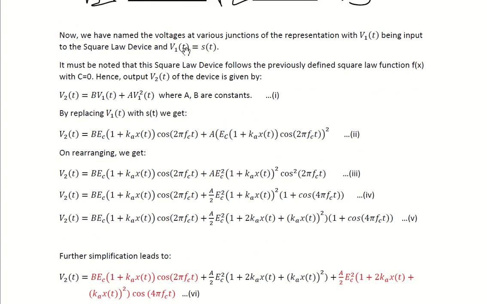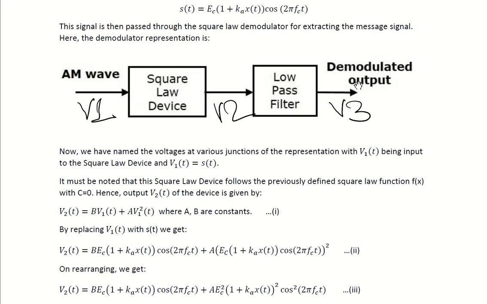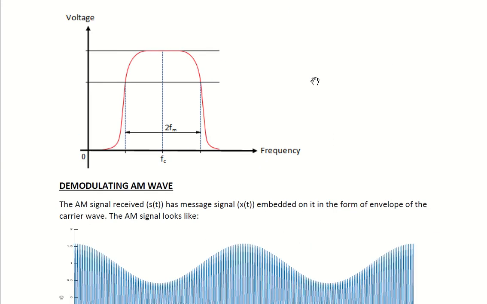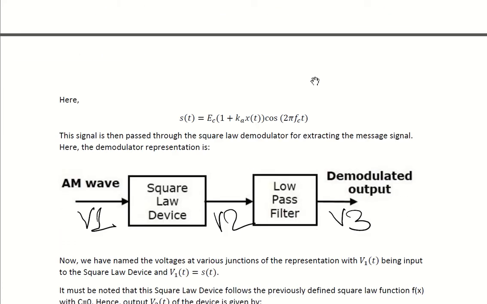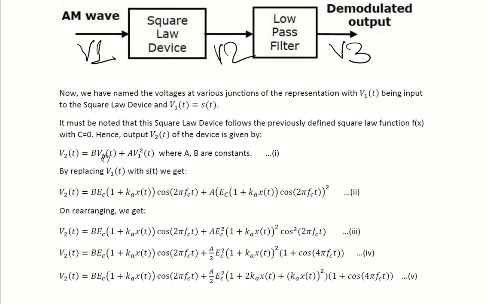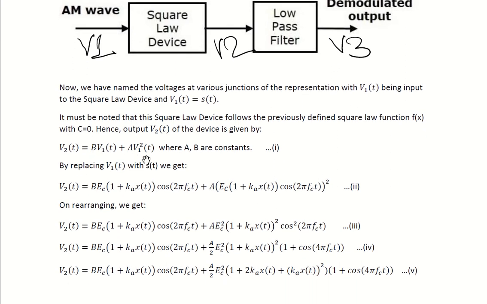We'll speak about it later on. So now V1 is basically s(t). This square law device follows the previously defined square law function, f(x) = ax² + bx + c. This is the square law function, and here we again put c equals 0. So basically V2 is bV1 + aV1².